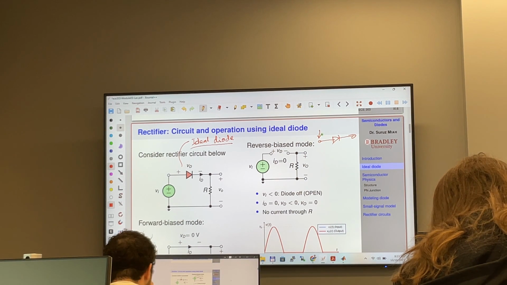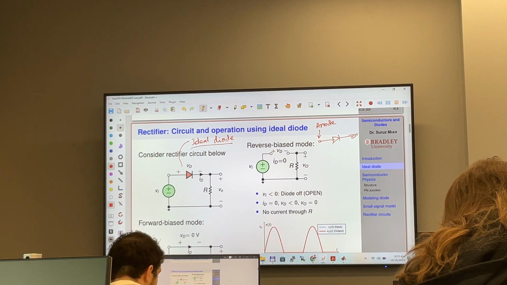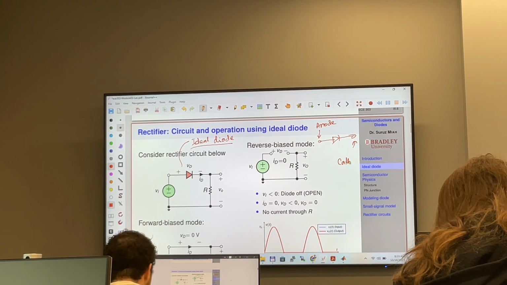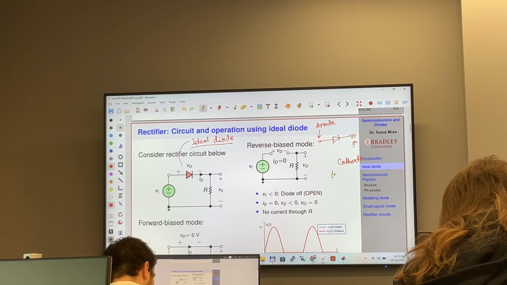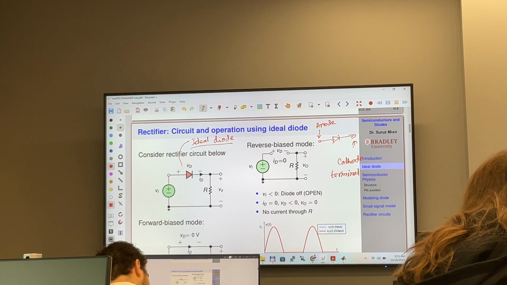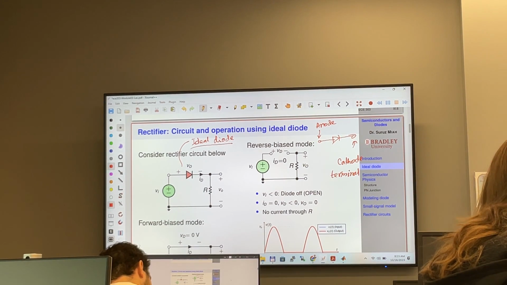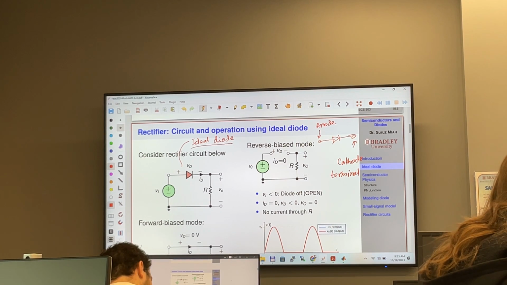Anode. And this terminal is the cathode terminal. In an LED, the anode terminal is a bit longer, and the cathode terminal is short. Short leg is the cathode, and long leg is the anode.